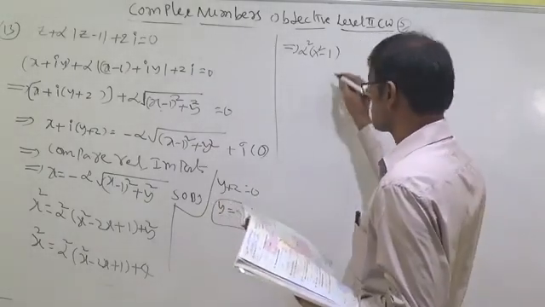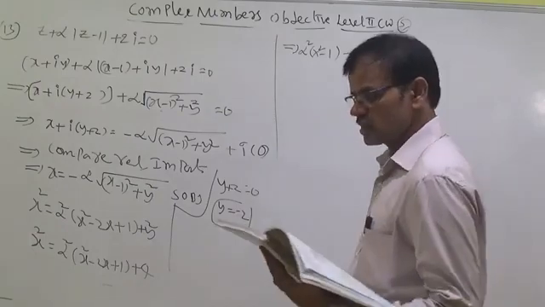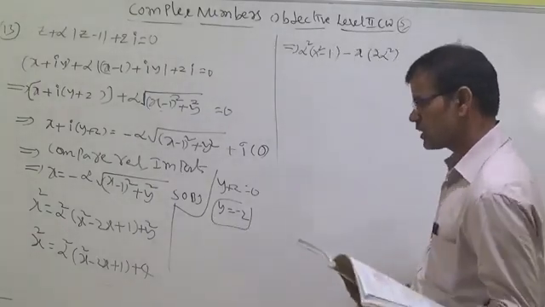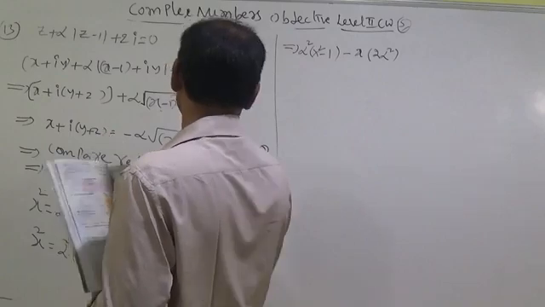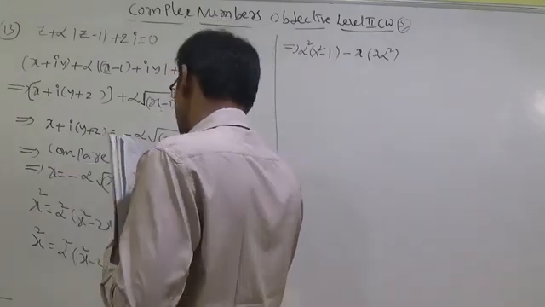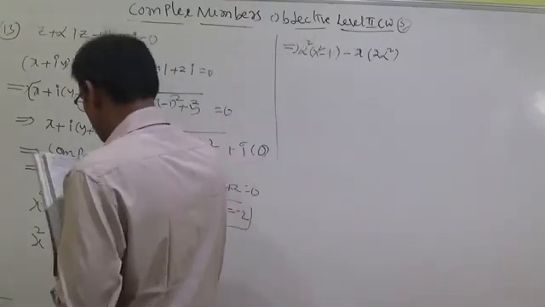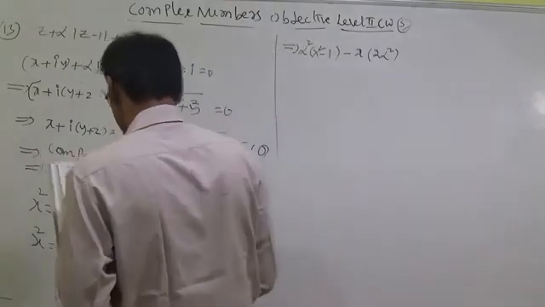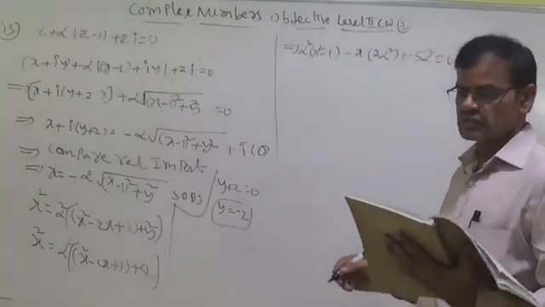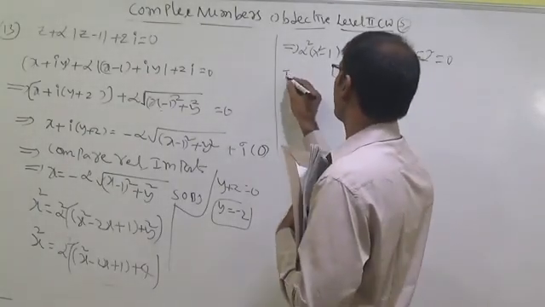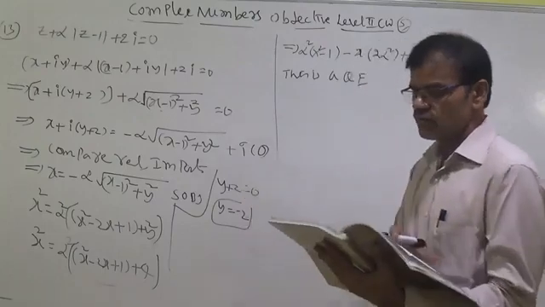So alpha square into x square minus 1, minus x into, within the brackets, 2 alpha square, plus alpha square plus, substituting y is equal to minus 2, 4 alpha square. So this becomes 5 alpha square, is equal to 0. This is a quadratic equation in alpha, of course.